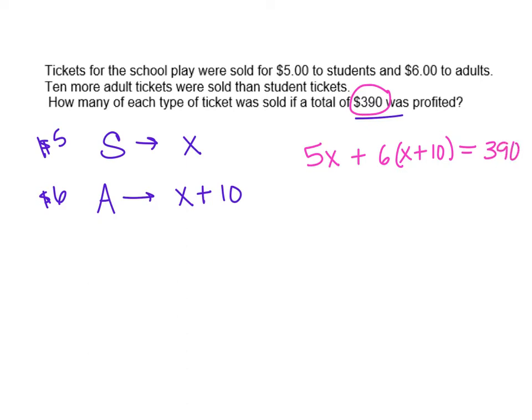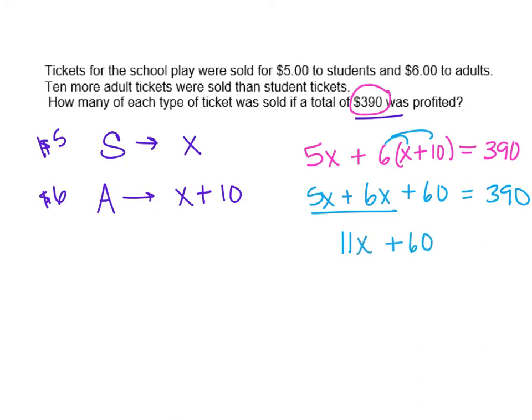All right, so now we solve. Start with distributing: 6x plus 60, carry down your 5x, and it equals 390. Combine your like terms. We have 11x plus 60 equals 390.